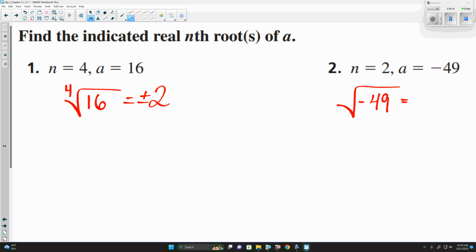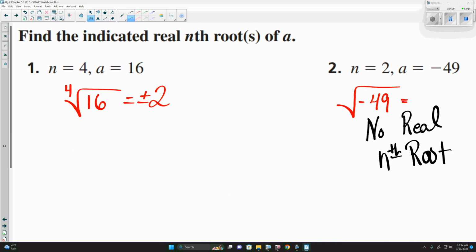So even root of a negative, no real nth root. Because again, it wants us to find the real nth root.